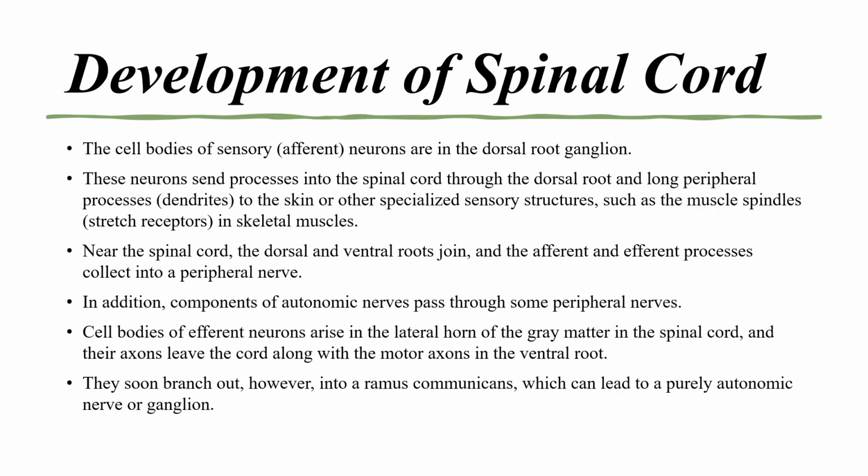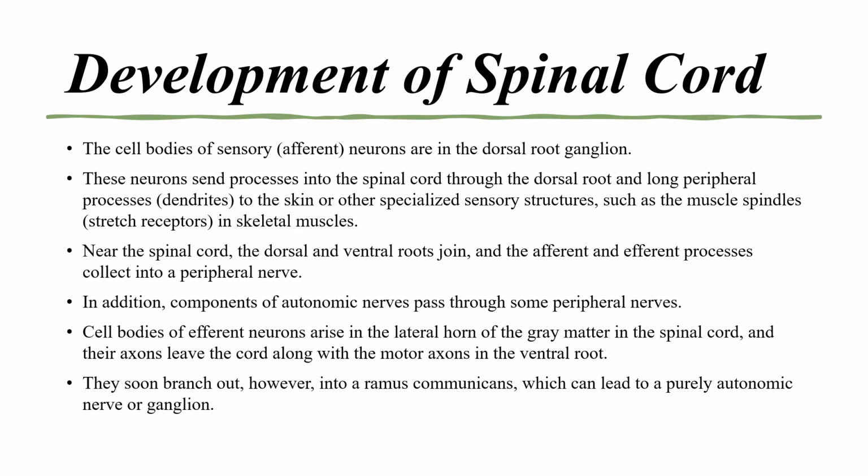So the cell bodies of the sensory afferent neurons are in the dorsal root ganglion, and this neuron sends processes into the spinal cord through the dorsal root and long peripheral processes or dendrites to the skin or other specialized sensory structures such as the muscle spindles in the skeletal muscles.